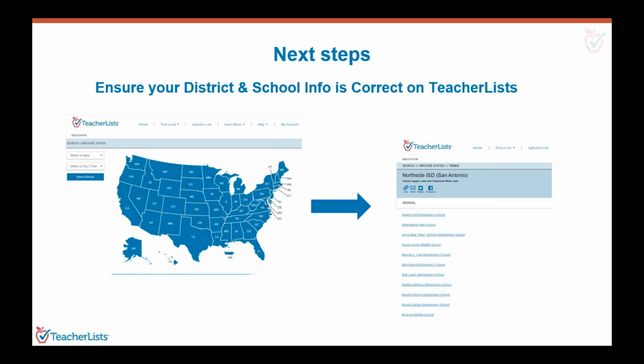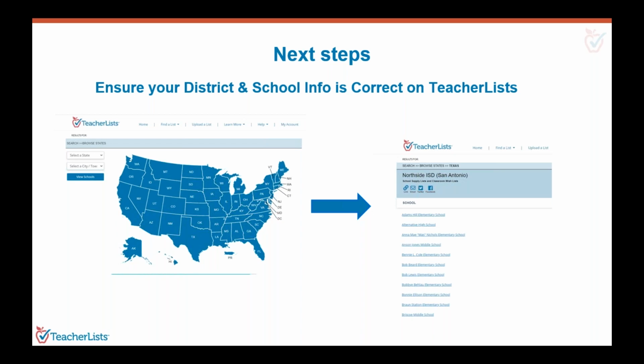And finally, I encourage you to ensure that your district and school information is correct on our site. So it's super easy to just, again, navigate to find your district on our site, look at the schools associated with the district and make sure that we have those all correct, including your address and your zip code.